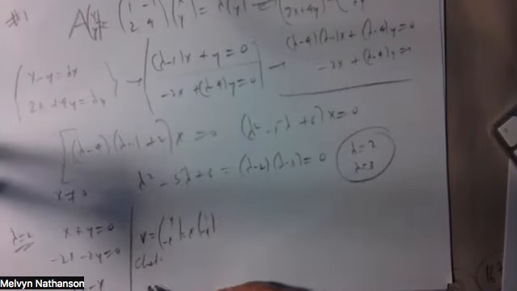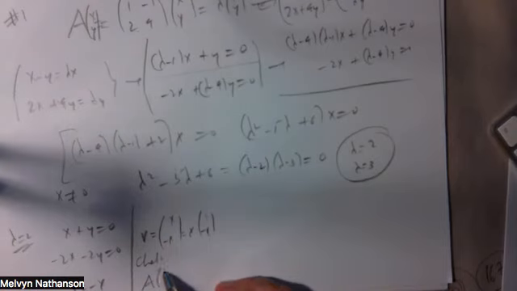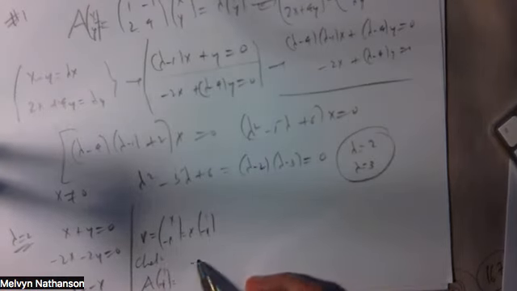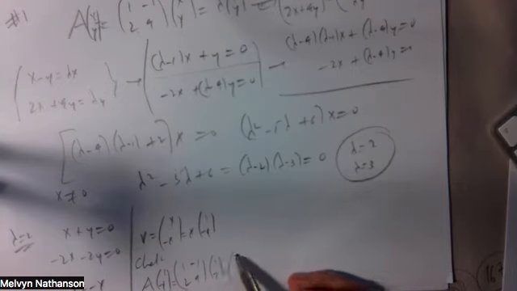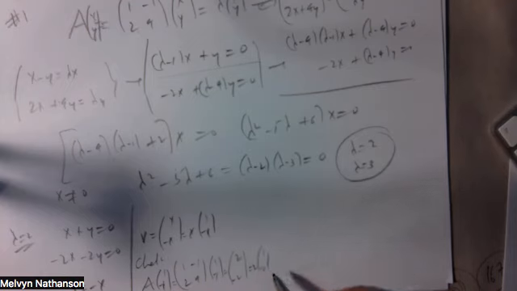Let's just check. If I take the matrix A times (1, minus 1), that's [1, -1; 2, 4] times (1, minus 1). When I multiply, I get 1 plus 1 is 2, and 2 minus 4 is minus 2. This is 2 times (1, minus 1).